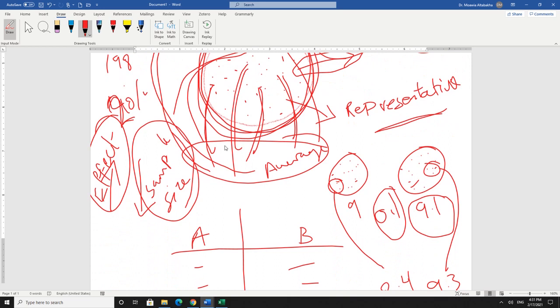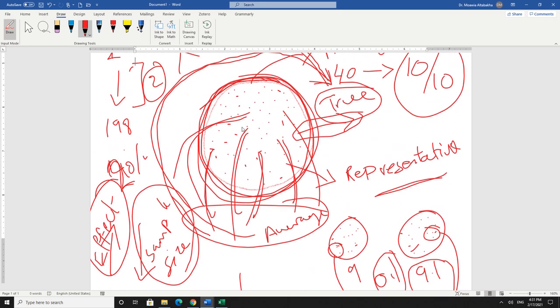Okay, another thing is variability. Variability means that if I give a cholesterol drug, you know the effect of the cholesterol drug among different people can be different. There is variability between people.